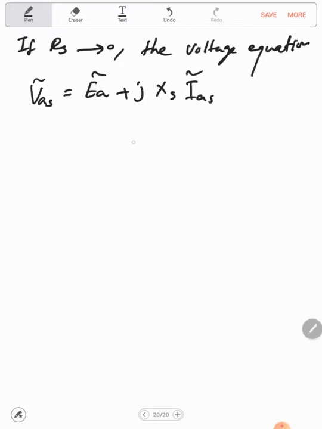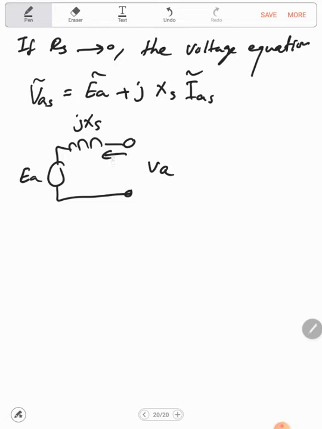So this will be a very simple circuit. VA, JXS, EA, and this is the convention of the motor action, so this will be the IS or the IA. Because here I'm using A, let's say IA.